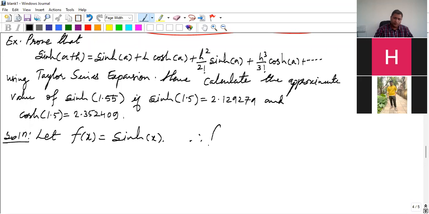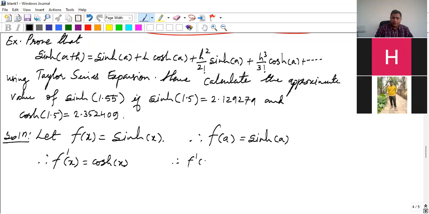Hence f of a is hyperbolic sine of a. Then we find the derivative. f dash of x is the derivative of sinh, which is cosh x, and hence f dash at a is hyperbolic cos of a.